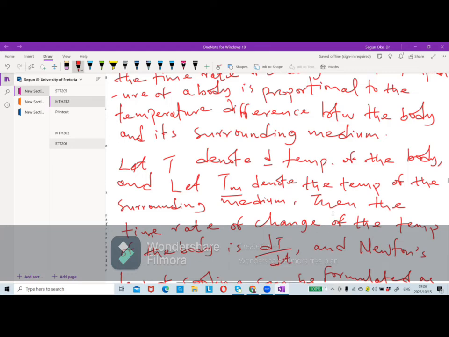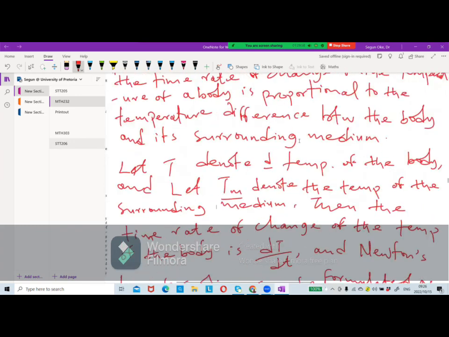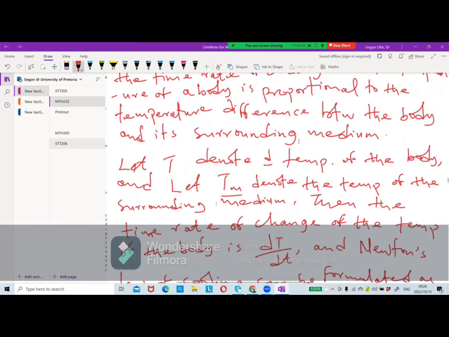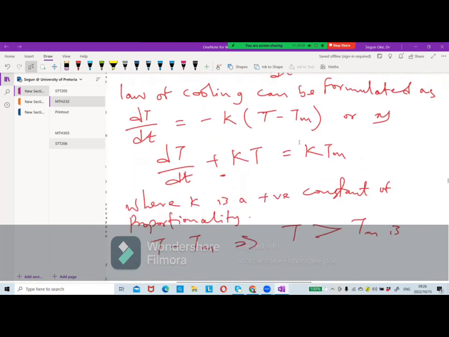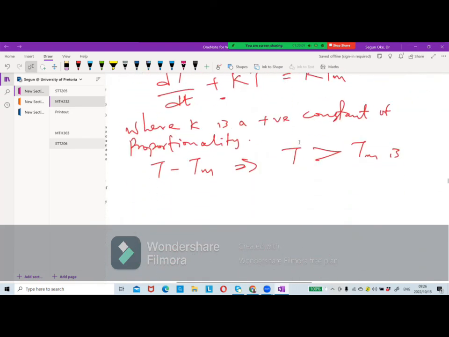Okay. So they now said body temperature must be greater than the surrounding temperature. Are you getting the point now? That is, in your room, you get what I'm saying now. So let's continue. Let's look at the example.